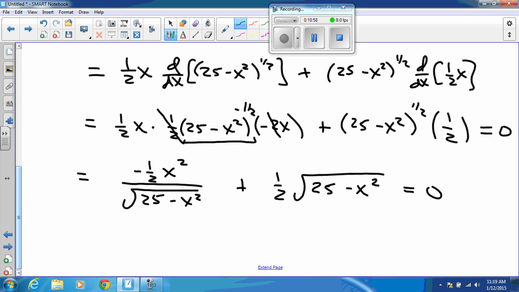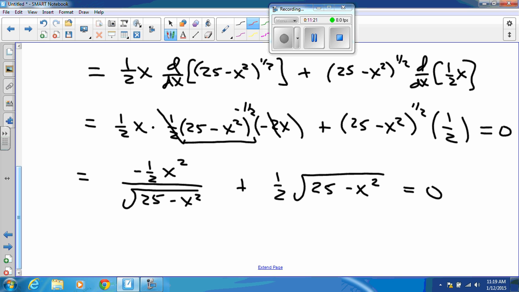Is everybody good with the algebra in the sense that you could do it? The basic method was that we looked for constant factors that could cancel, and then we turned our exponents into friendlier looking functions.